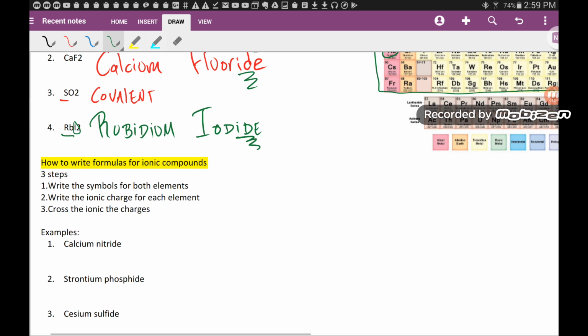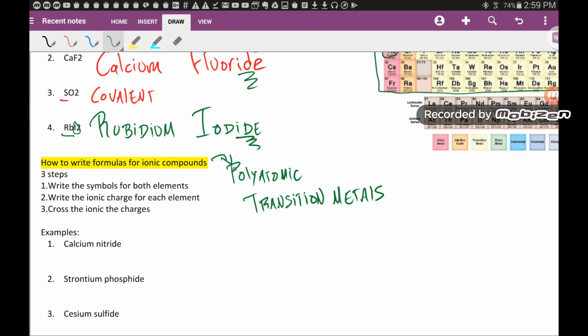The first step in every single problem, like I've been trying to show you up here, is to identify the compound that you have, because this process also works for polyatomic and also for transition metals. It does not work for covalent. So keep that in mind.